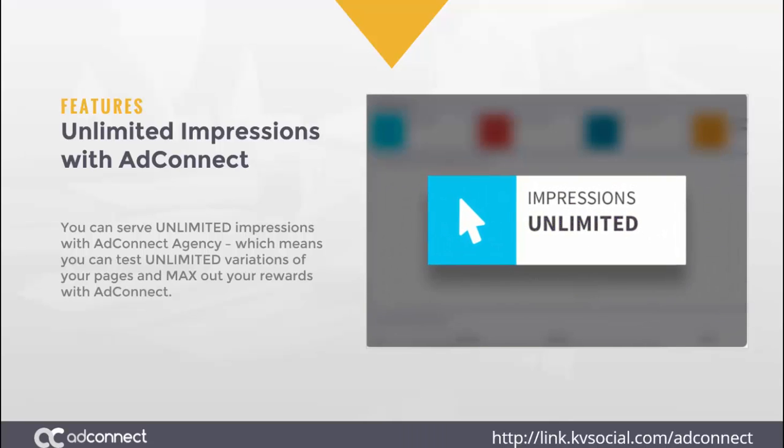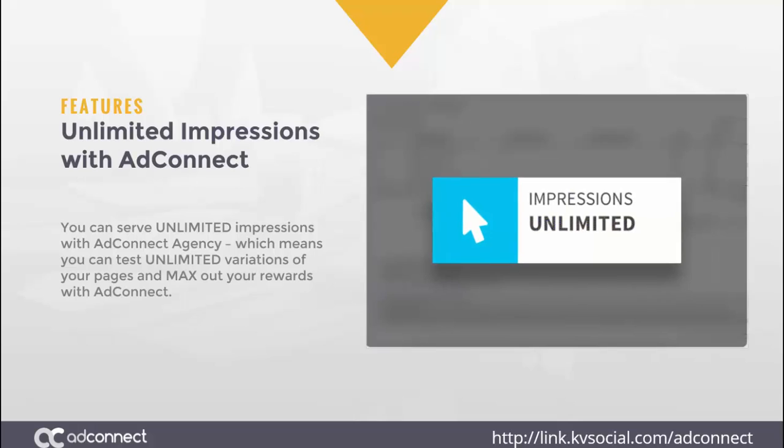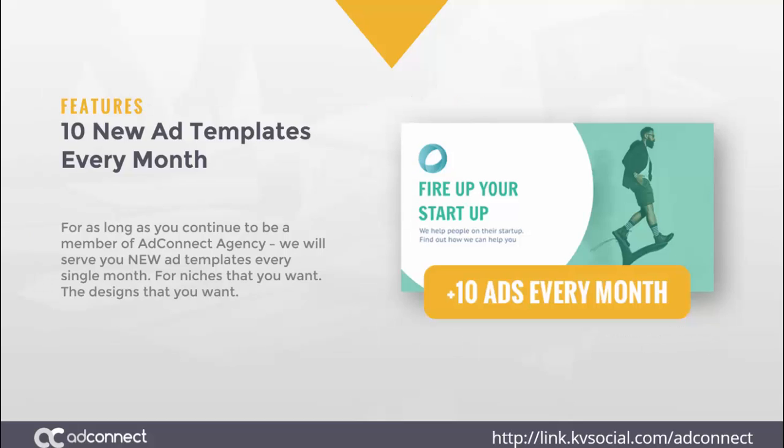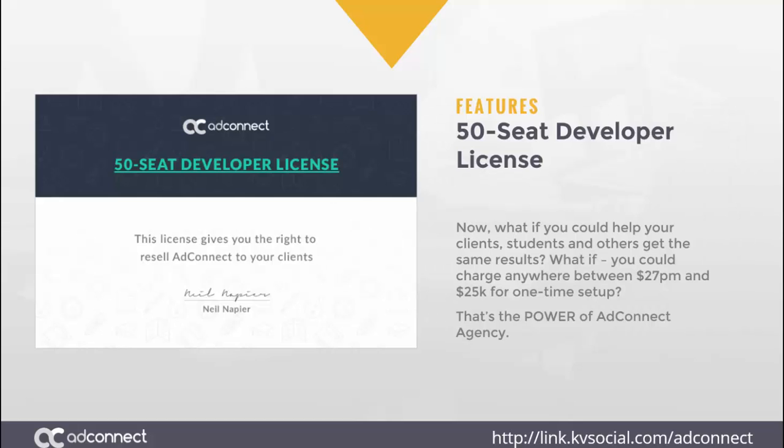With this, you'll get unlimited impressions and unlimited campaigns created with AdConnect, and you'll also get 10 new ad templates every single month. And of course, you also get the 50 seat developer license as well, so that you can easily offer this to your clients.